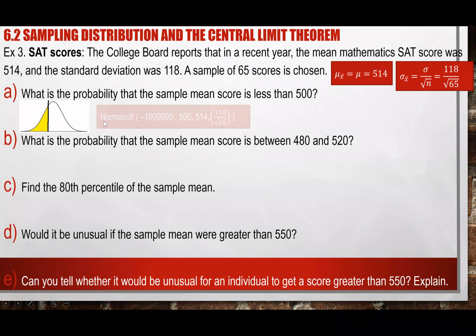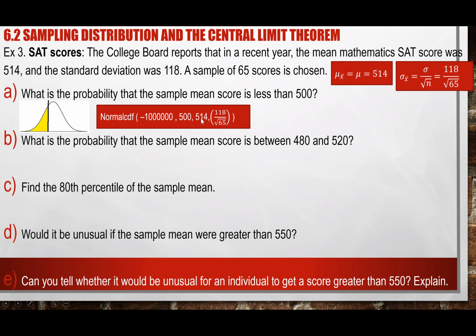Because this area is to the left, my left endpoint would be some negative humongous number. My calculator cannot put a negative infinity, so I put negative 10,000. In this case, negative a million is fine. So negative a million is my lower endpoint, and my upper endpoint would be 500.